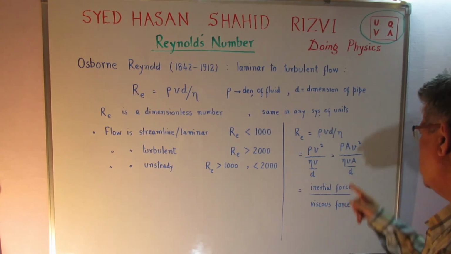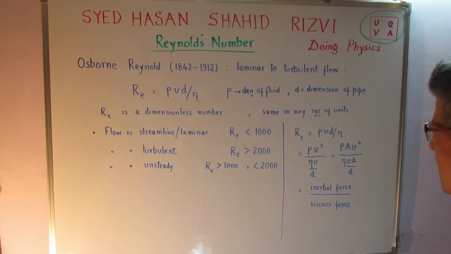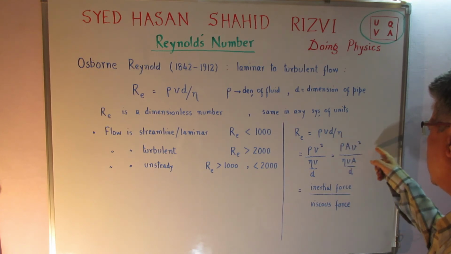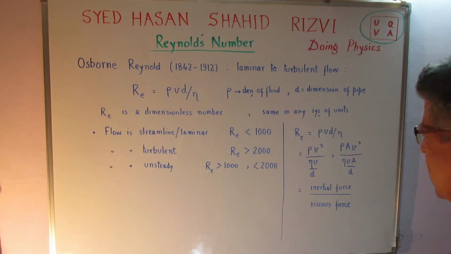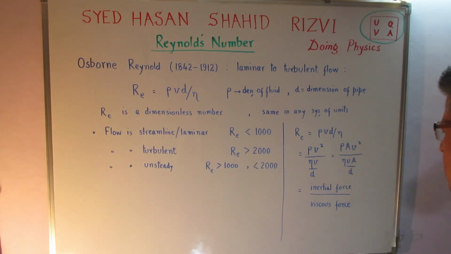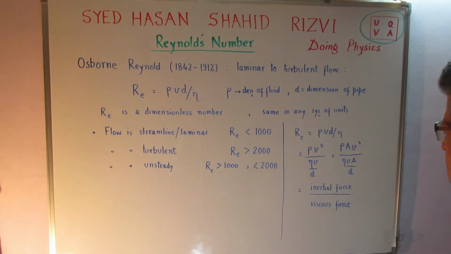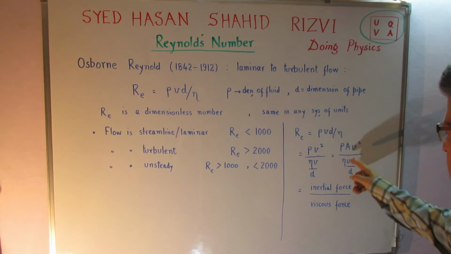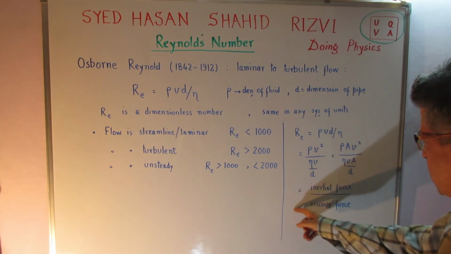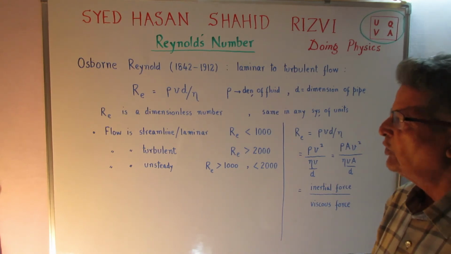And if I multiply it in numerator and denominator by the area, then this becomes equal to rho A V square and eta V A upon d. So this is the inertial force and this one is the viscous force. So it is the ratio of the inertial force and the viscous force.